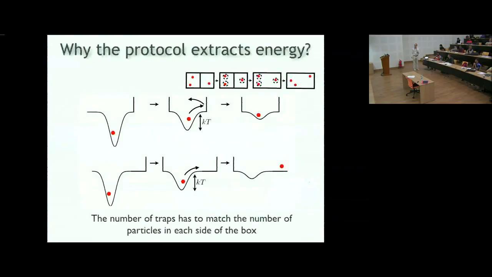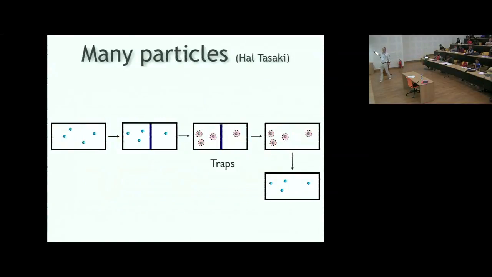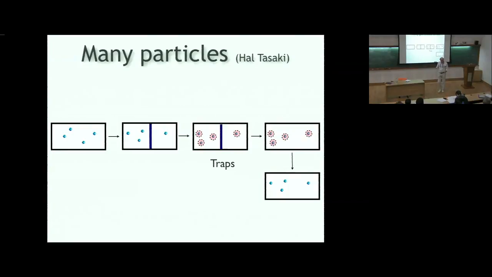But it turns out that, again, when you create a trap and remove a trap, the work you have to do depends on the total volume of your container. So this means that when you create the trap, you get more energy than when you remove the trap. And just this coincides with the mutual information, which is amazing. This is a lot of physics, but here it is just not physics.